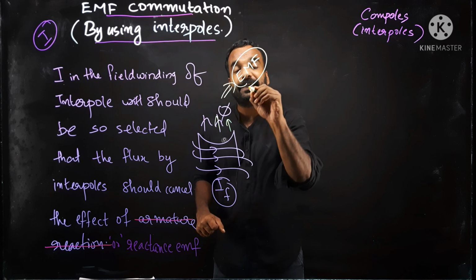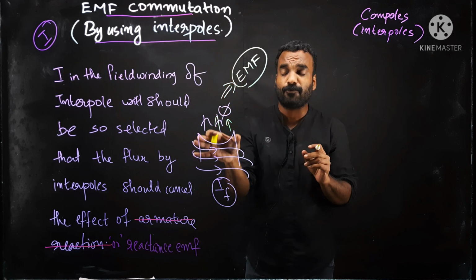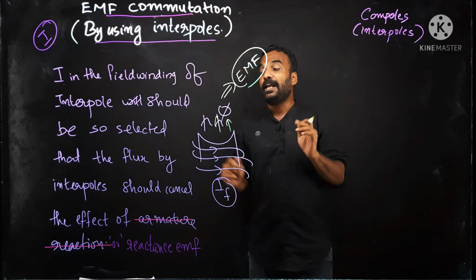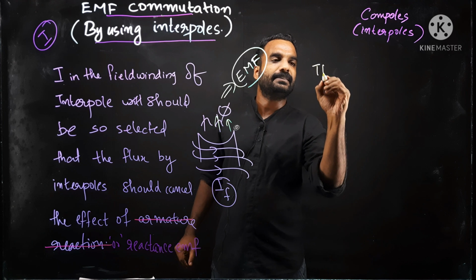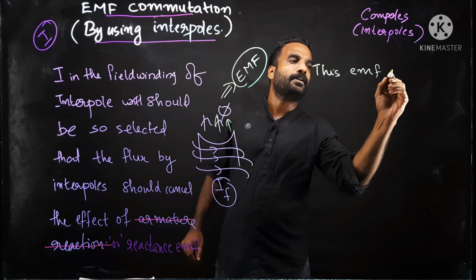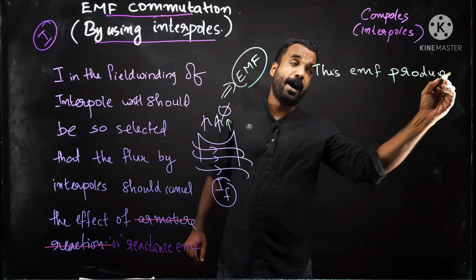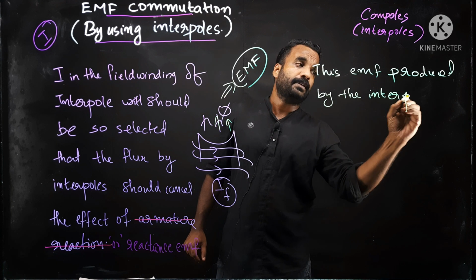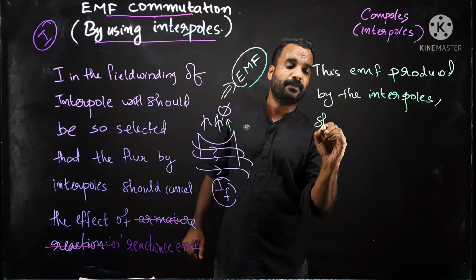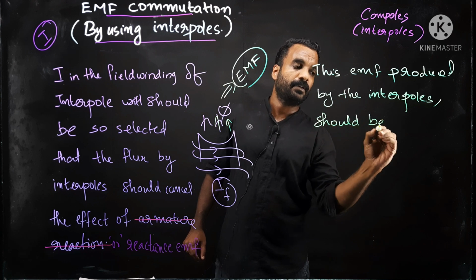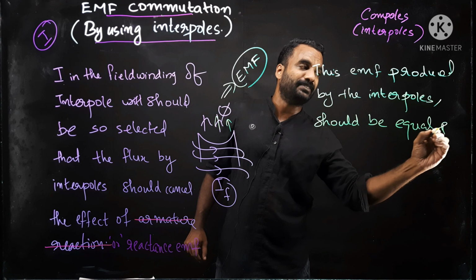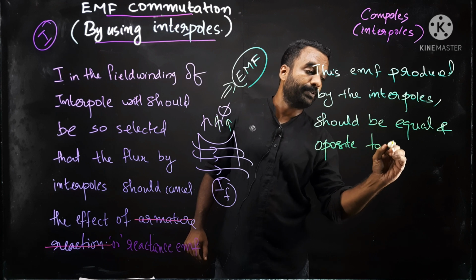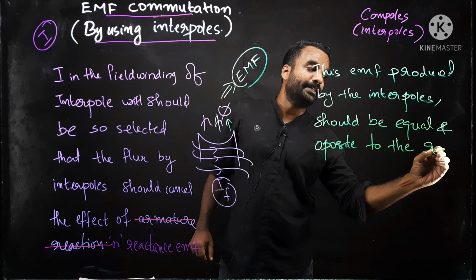The direction of flux will be so selected that this EMF produced by the interpoles should be equal and opposite to the reactance EMF.